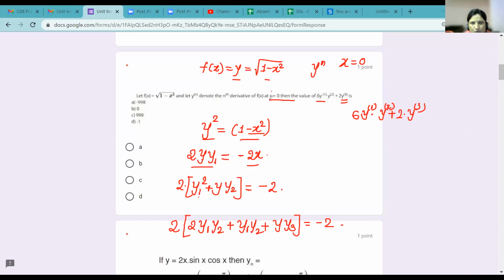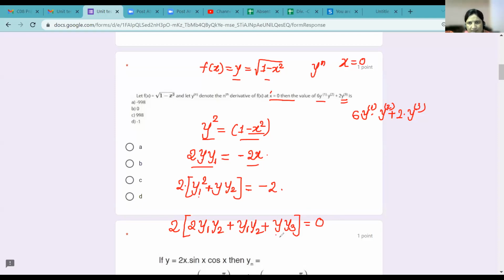At x is equal to 0, what will be the value of y1? Minus x square. In the last step, the derivative of minus 2 is 0. So make it 0. Put that value here.